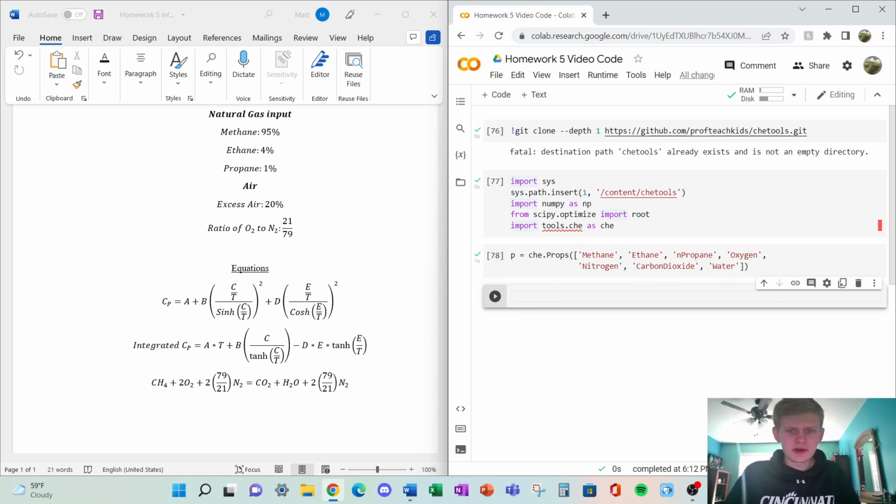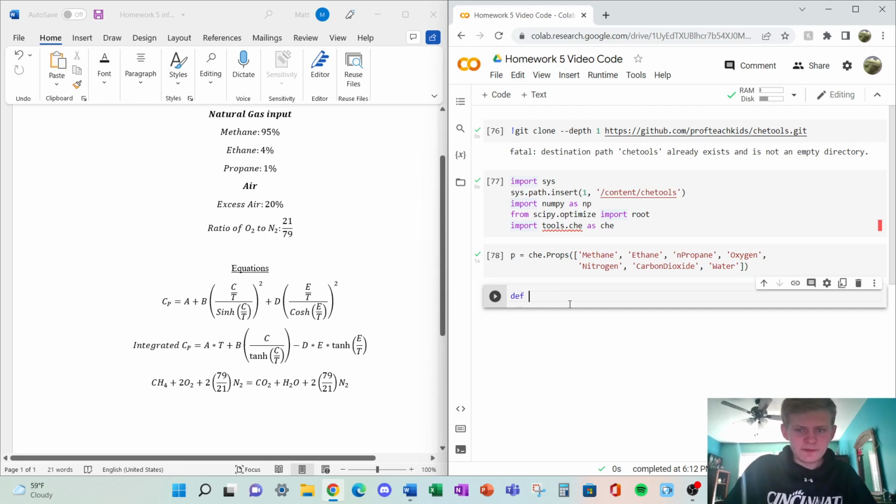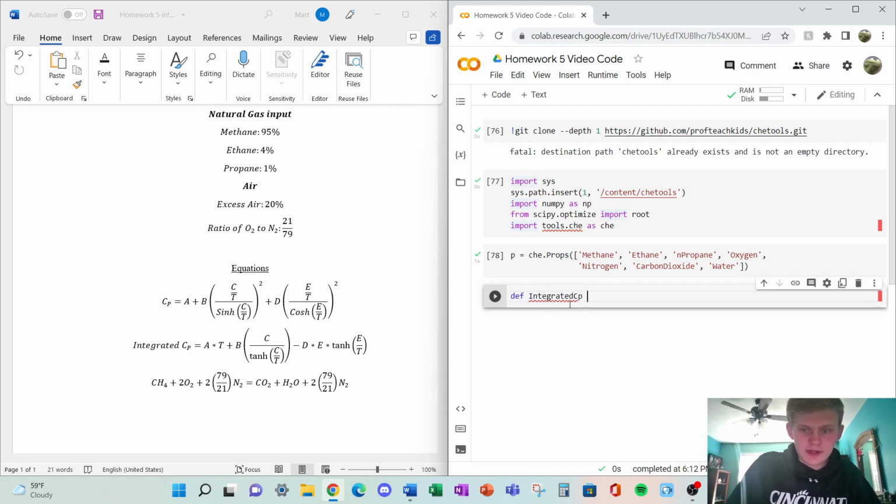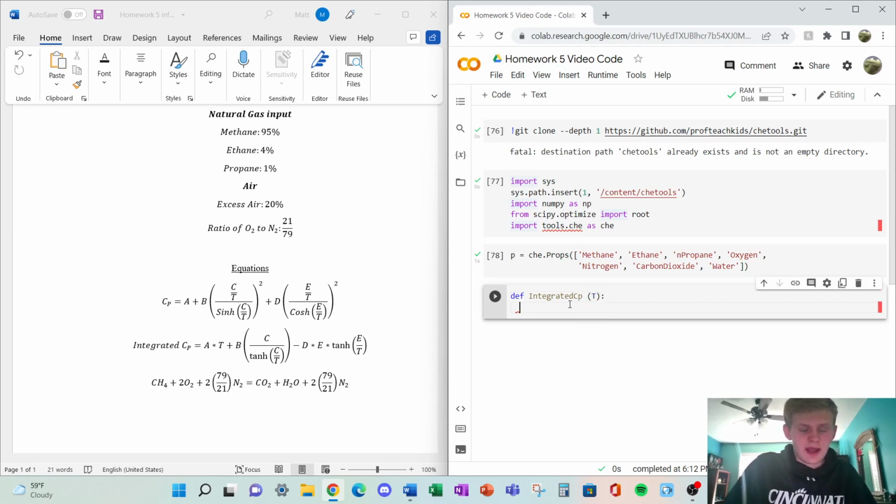To start off, we're going to write out our integrated heat capacity function. We'll define a function here and call it integrated heat capacity, and our variable is going to be our temperature. A lot of these functions in this particular video are going to be quite simple because we're only going to have a return statement.